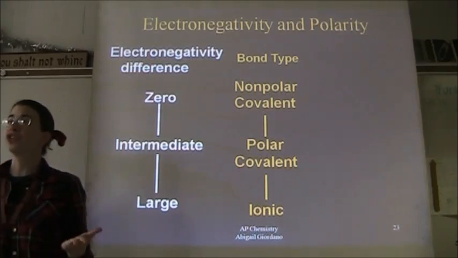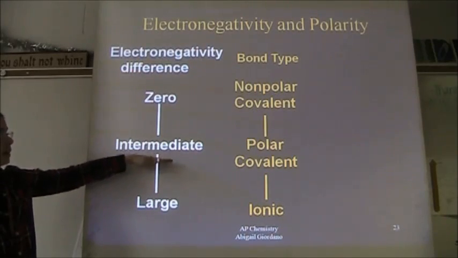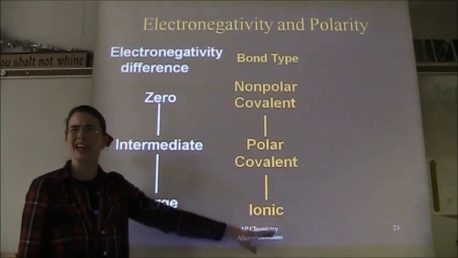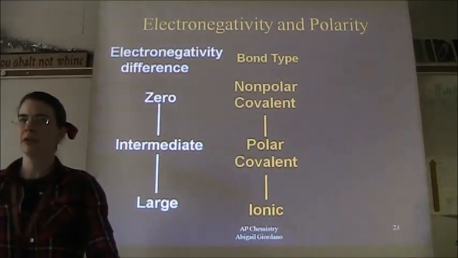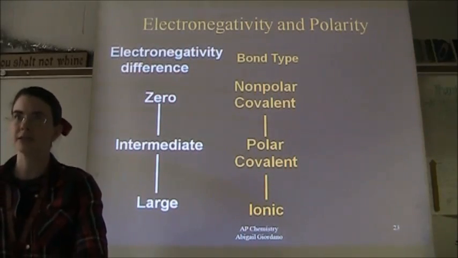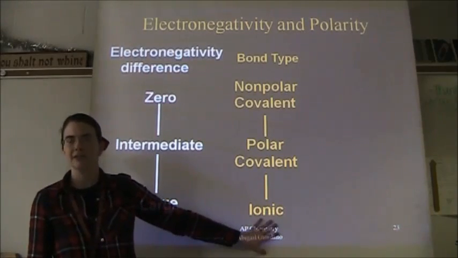That's not a huge difference. I mean, that might fall kind of like in here, but if you're thinking like, I don't know, is that polar covalent? Is that ionic? Guys, aluminum is a metal, right? Nod your heads. Okay. It's definitely an ionic compound.